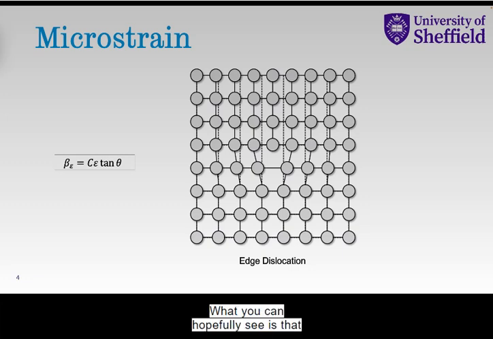And what you can hopefully see is that when we've got a dislocation in the material, we're getting a disruption of the interplanar spacing within the material. Rather than having one well-defined interplanar spacing, because of that dislocation, we in fact see lots of different d-spacings within the material caused by that dislocation.